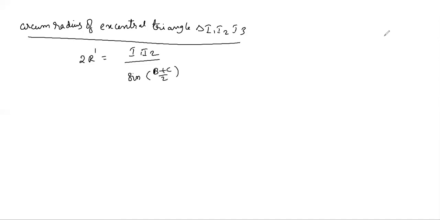The angles of I1, I2, I3 we already know: 90 minus A by 2, 90 minus B by 2, 90 minus C by 2. So we are applying the sine rule, this side by sine of the opposite angle. Sine of (B plus C) by 2, or sine of 90 minus A by 2.